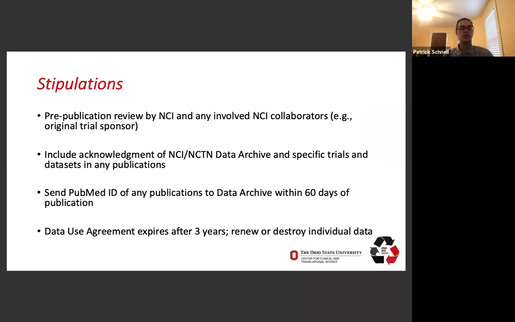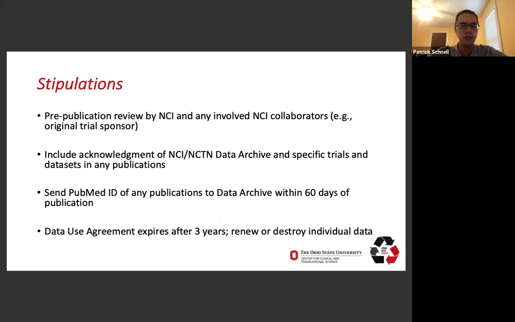There are some important but fairly easy stipulations in the DUA, mostly relating to publications. Before submitting for publication, you have to send the manuscript to the NCI to review, and they may bring in what they call NCI collaborators involved in the trial, somebody like the trial sponsor for a drug trial.